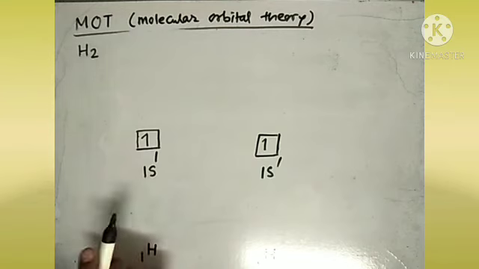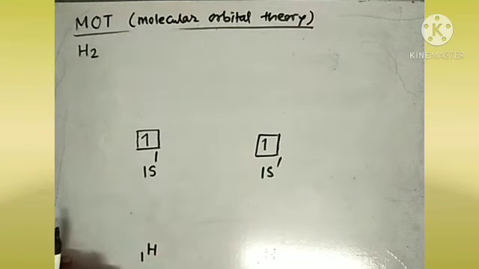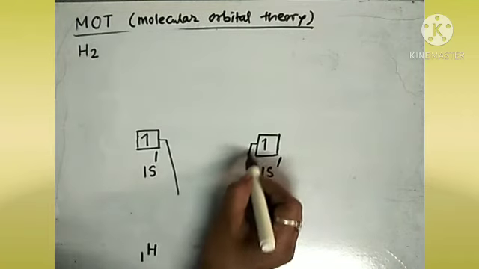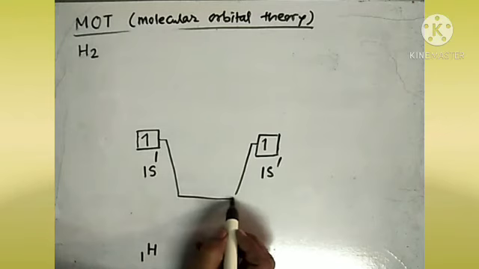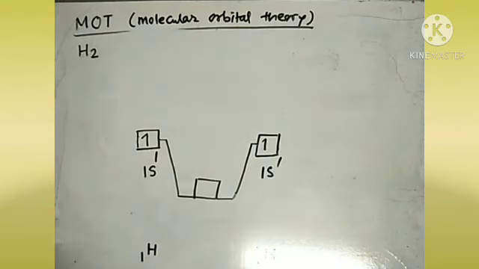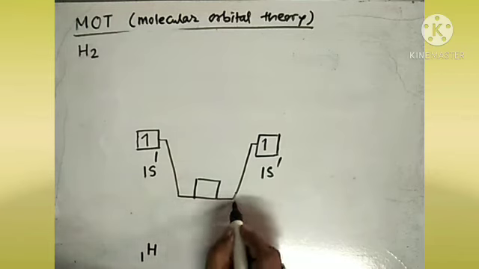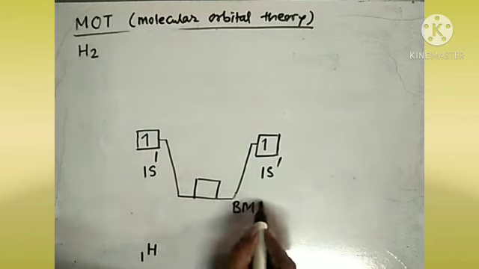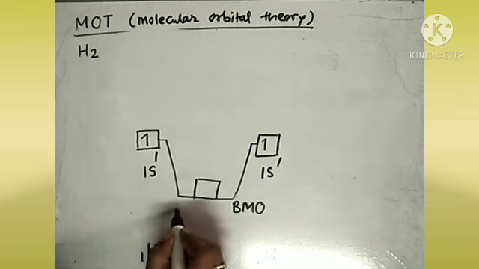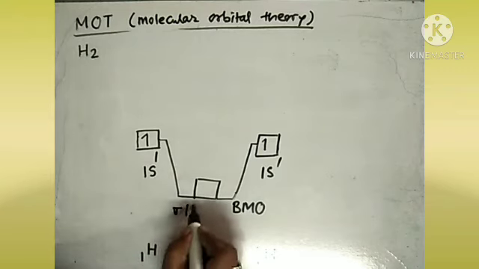Whenever they combine, they will create two energy levels. When these atomic orbitals are combined, they will create the low energy level, which is called the bonding molecular orbital, and we can name it sigma 1s.